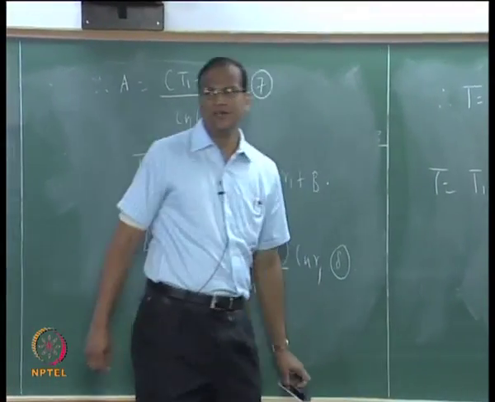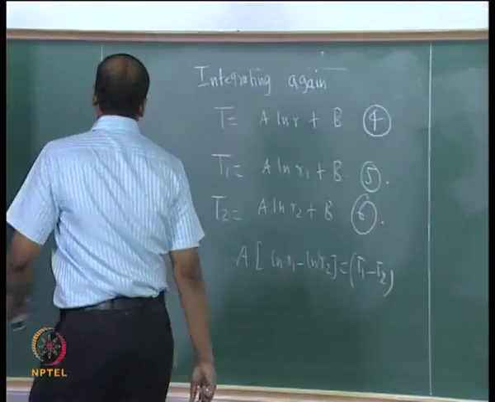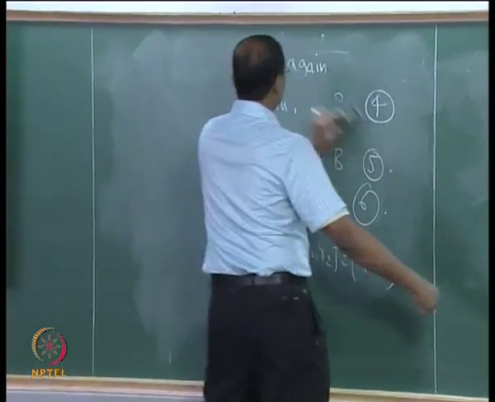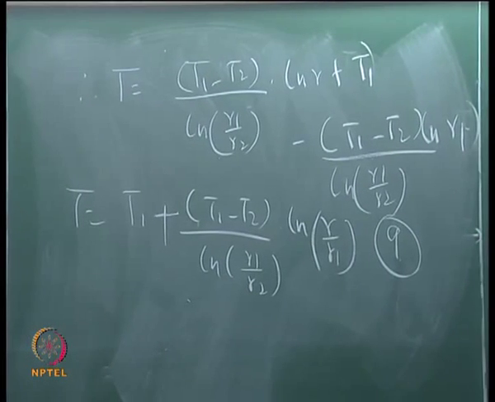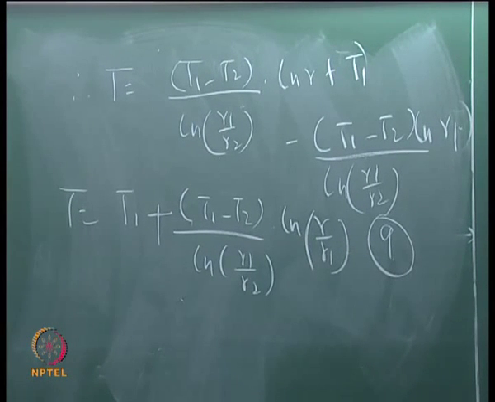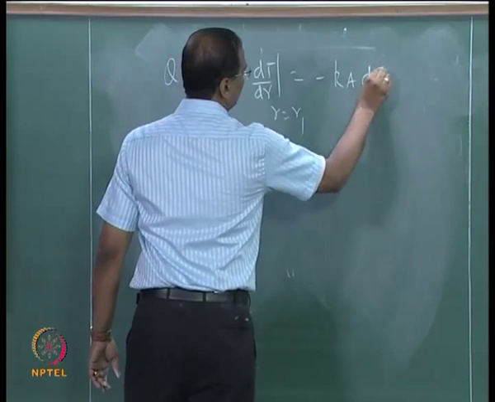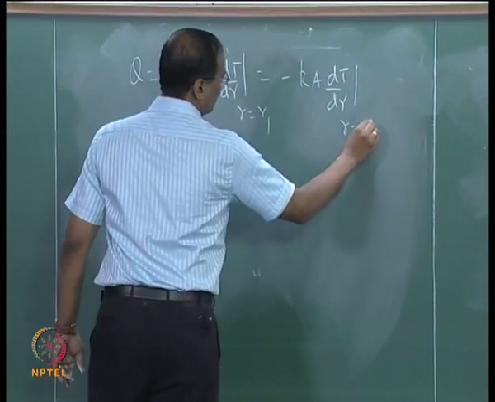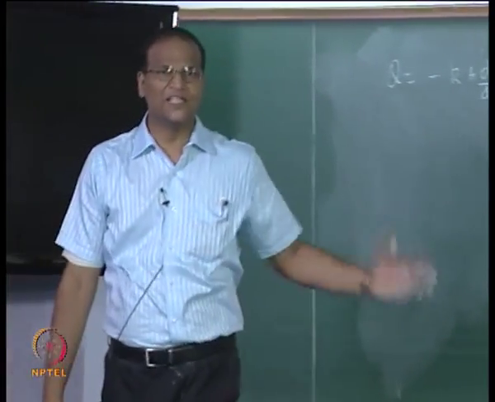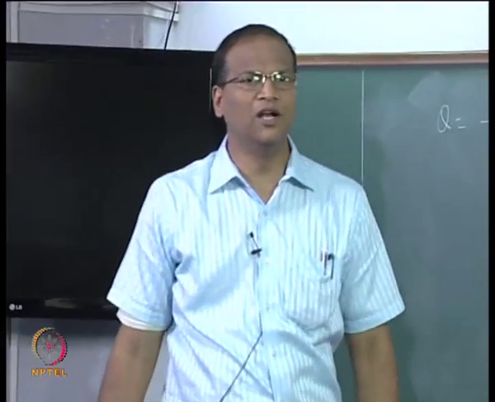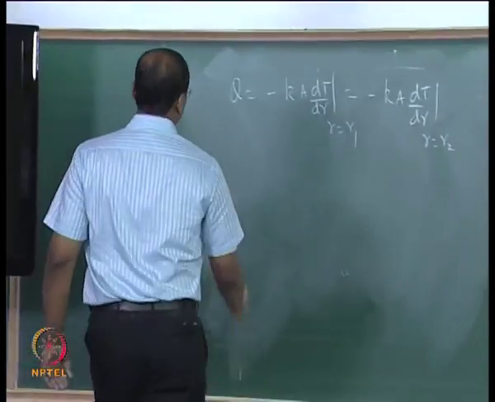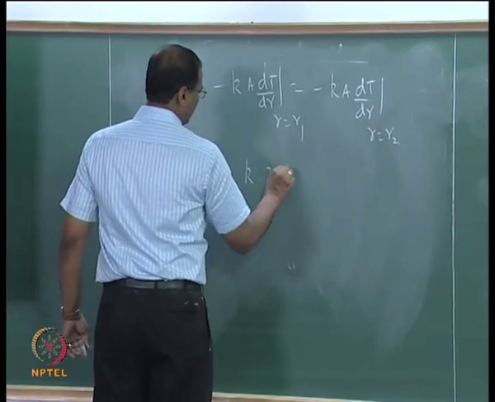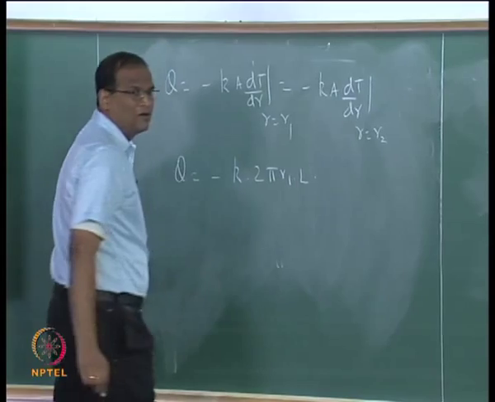So we got the temperature distribution. We are interested in the heat transfer rate. This has to be correct. That's how we wrote the equation d by dr of r dT by dr equal to 0. Okay. So if this is the case, what is dT by dr?